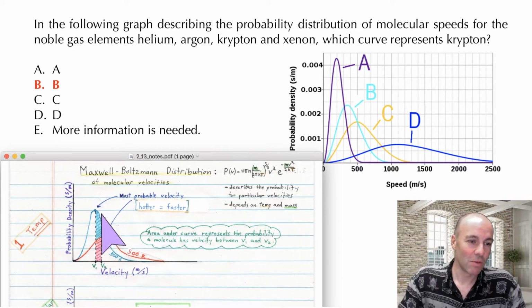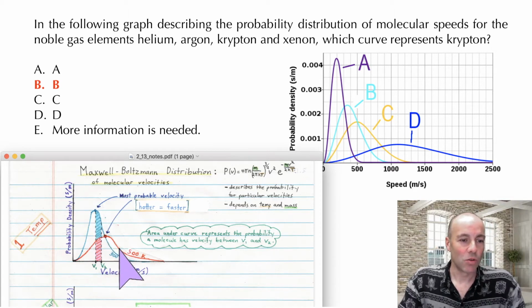And I've drawn gases at two different temperatures. A colder gas at 300 Kelvin is indicated by the blue curve, and a hotter gas at 500 Kelvin is the orange curve.